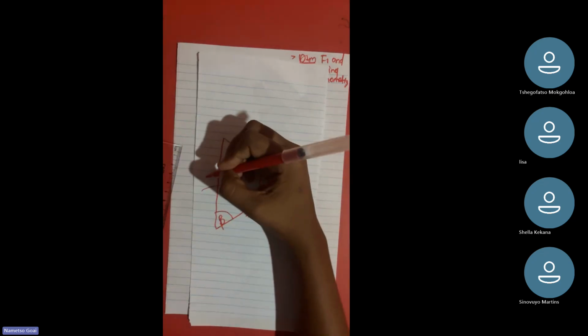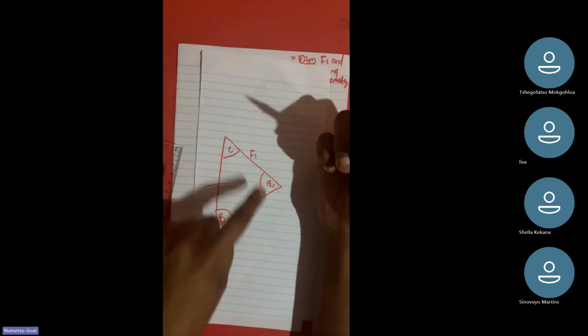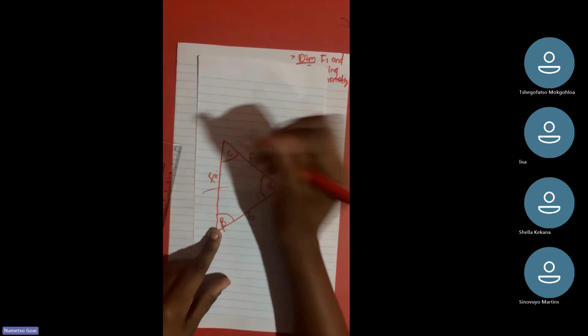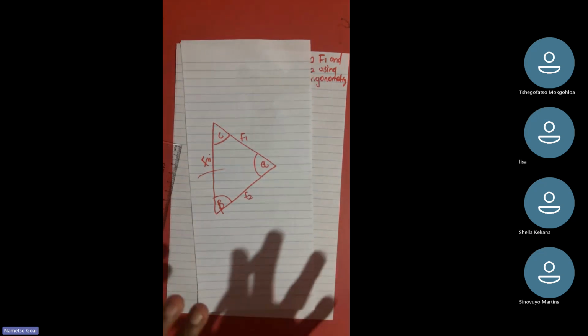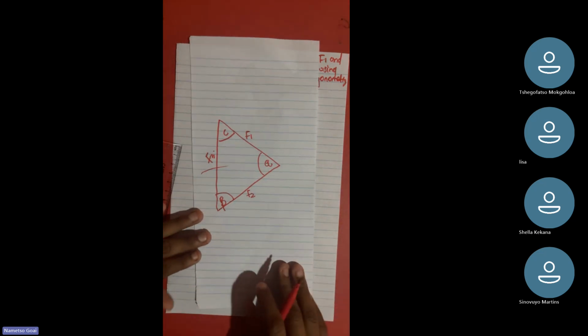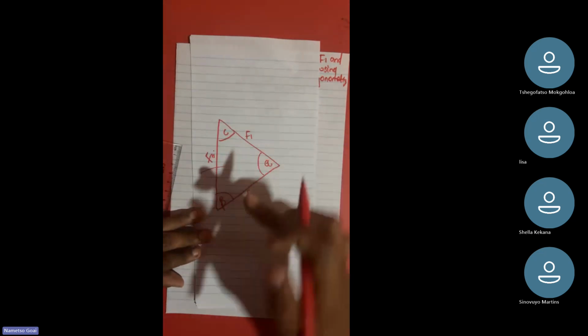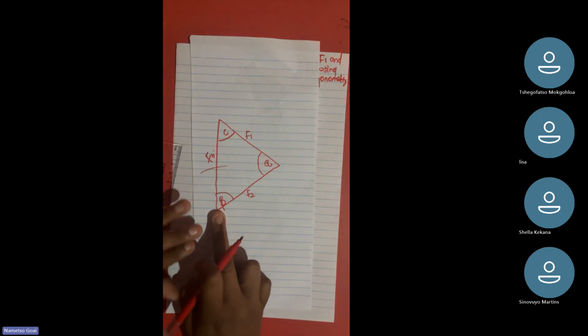And let's say this is F1, F2, this is F3. You can use the sine rule. And the sine rule would be what? It would be side divided by sine of the opposite angle.